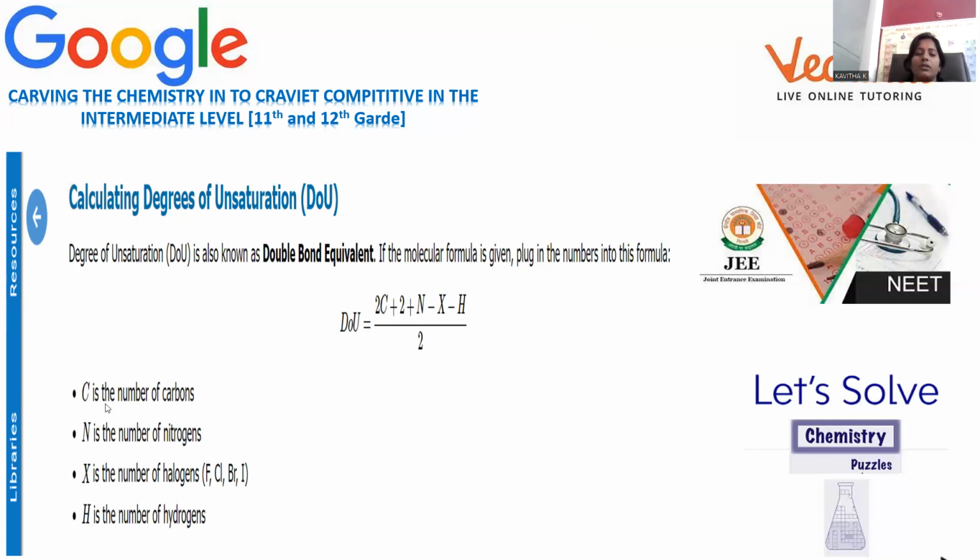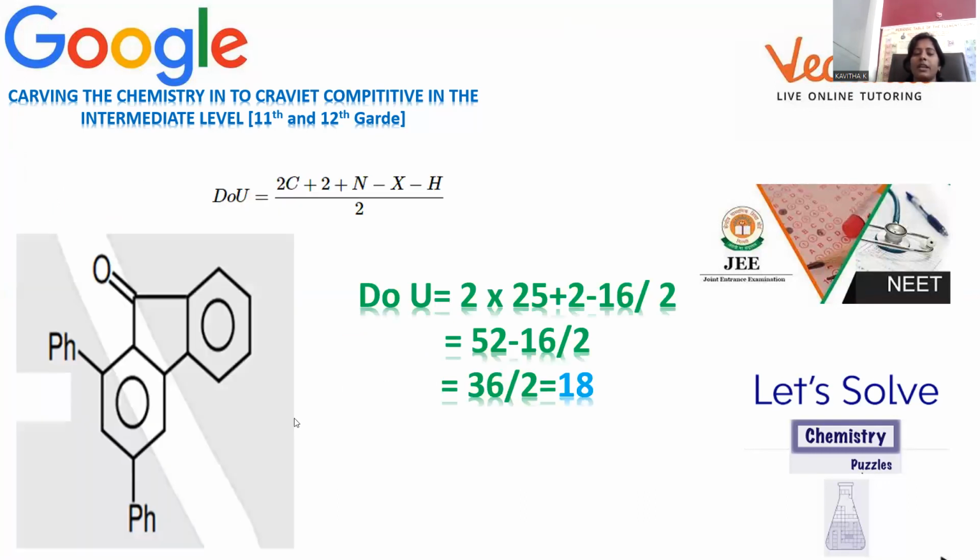C denotes the number of carbon atoms present in the given compound. N means the number of nitrogens present in the compound. X means the number of halogens, either fluoro, chloro, bromo, iodo can be taken into consideration. H stands for the hydrogen atoms present in the compound, and upon 2 can be mentioned. This will be the formula required for the calculation of degree of unsaturation.